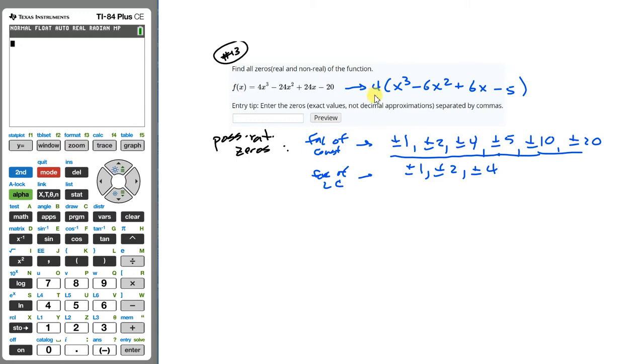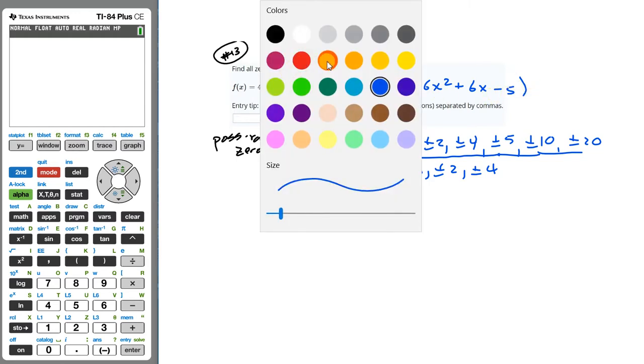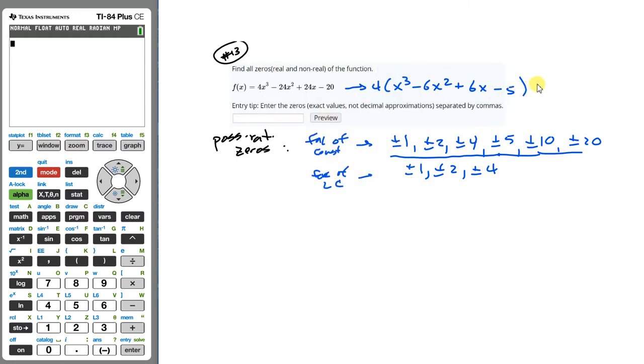Why? Because now if I look at the rational zero theorem here, it becomes pretty clear what to expect. It would be the factors of the 5. What goes into 5? Plus or minus 1 and plus or minus 5. My new leading coefficient is now 1, and what goes into that is plus or minus 1.